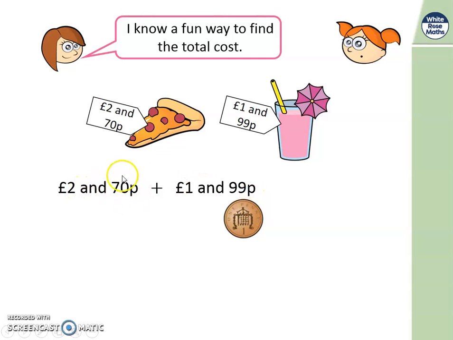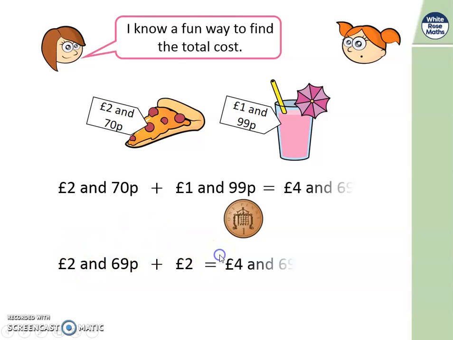So if I take the 1p from this 70p, that leaves this with 69p, and that will make this side 1p more, which is £2. That would leave this side with £2 and 69p, and this side now has £2. That's so much easier to add. The £2 and the £2 makes £4 and 69p. Both would be £4 and 69p.